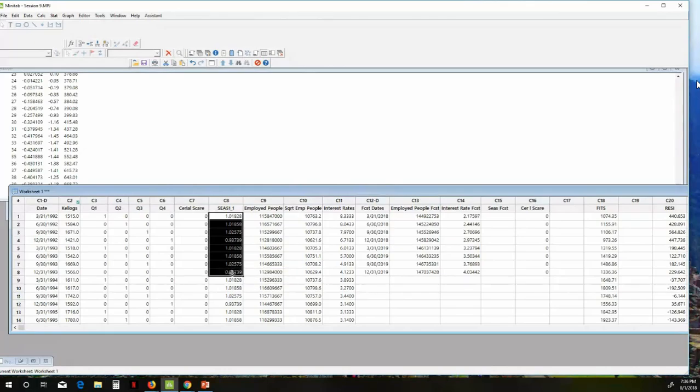Control copy. There, I got it. I must have had my cursor up in the label or something.